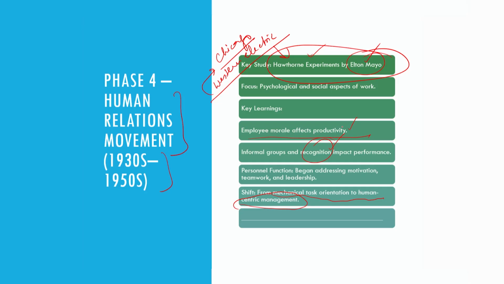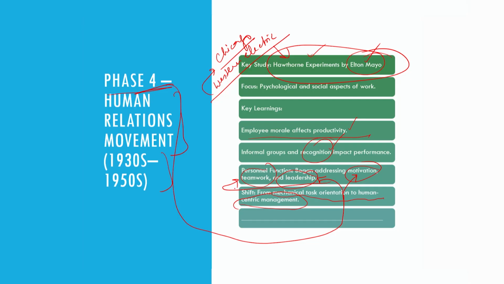We have to recognize the employee, we have to give them attention, and the personnel function began addressing motivation, teamwork and leadership. So here in phase 4, the focus area shifted to motivating the employee, having the right kind of leadership and focusing on teamwork.